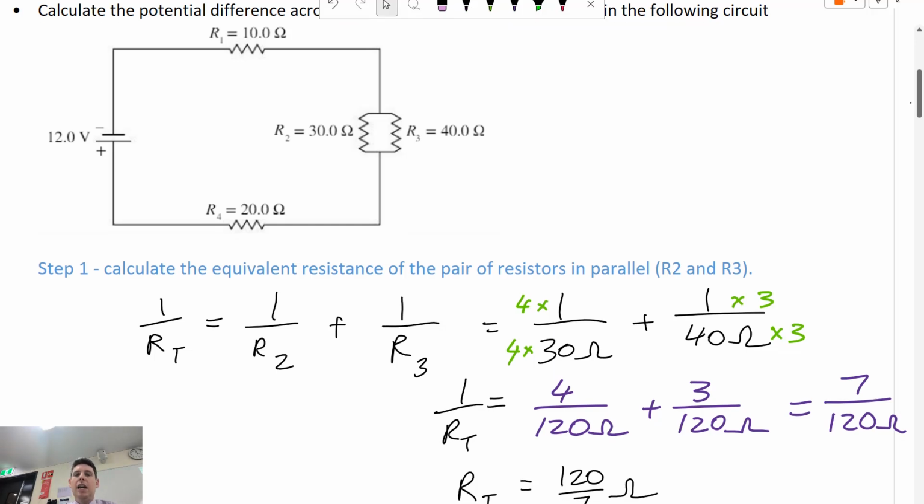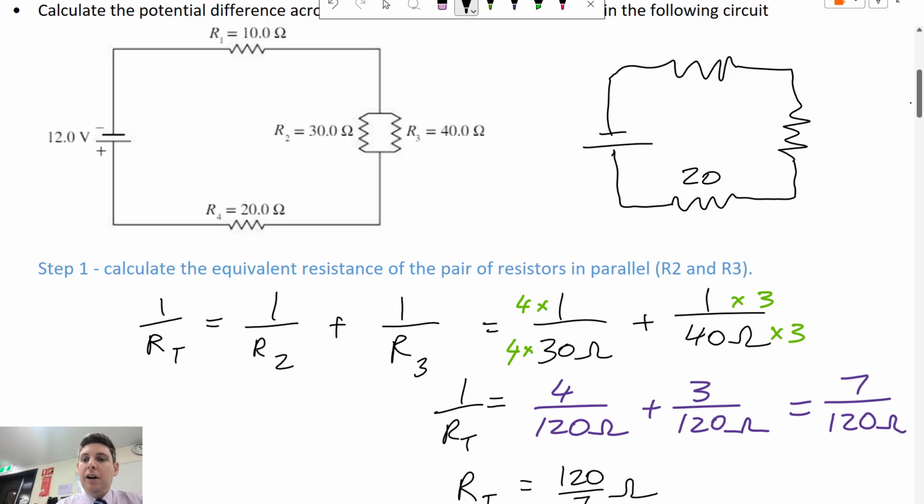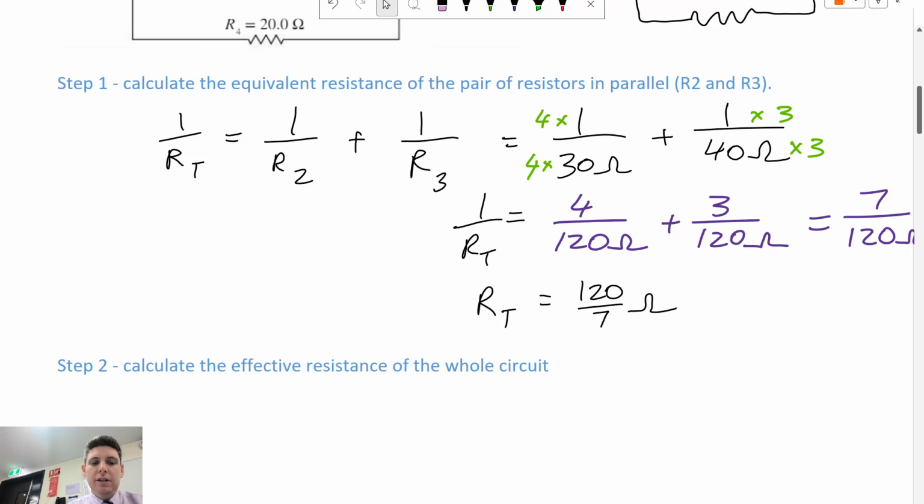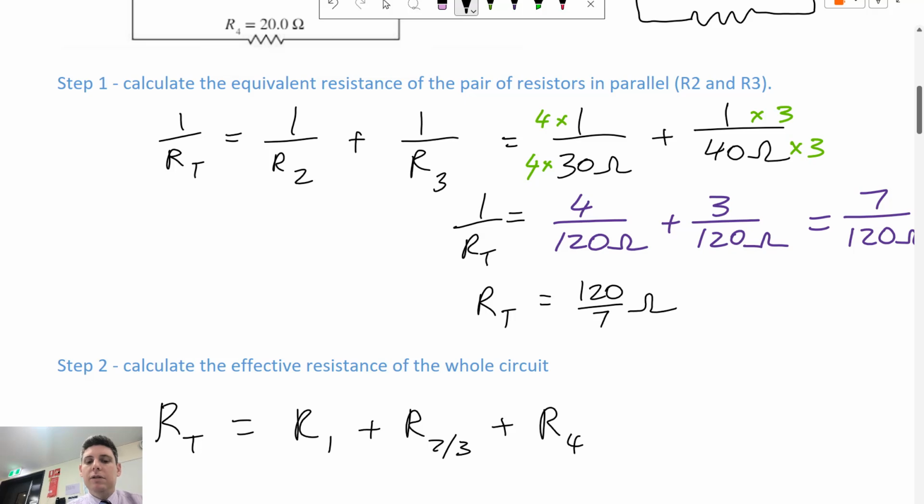Okay, so now if you redrew this, it would look a bit like this instead. 20 ohms, 120 over 7 ohms, 10 ohms. Yes, the next step is to add them all together. So the total across the whole circuit is R1 plus the one we just found, let's call it R2/3, plus R4.